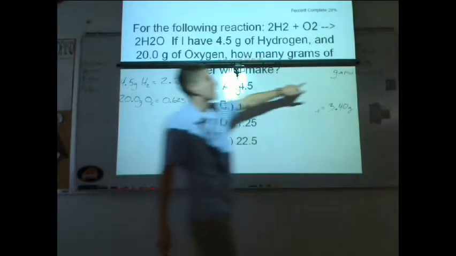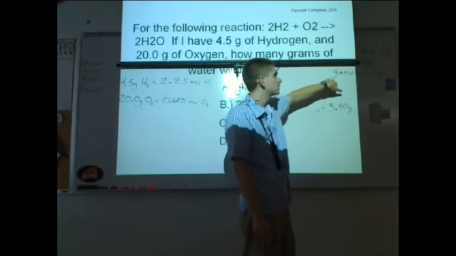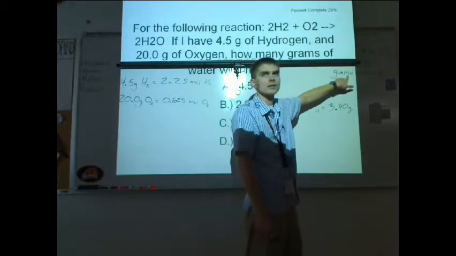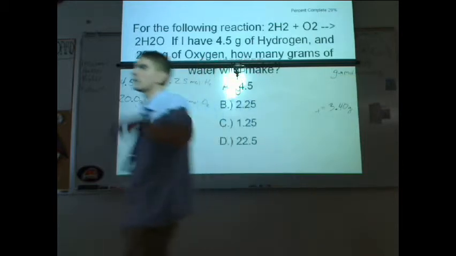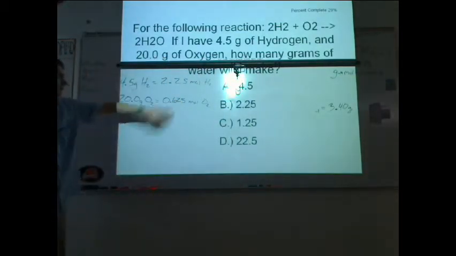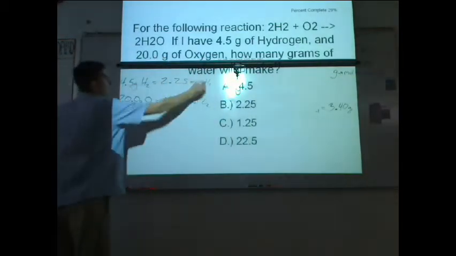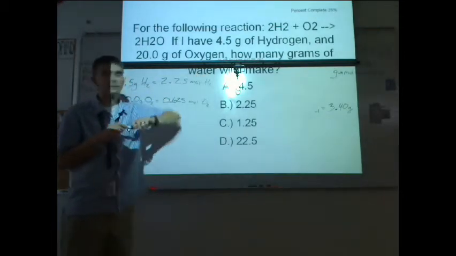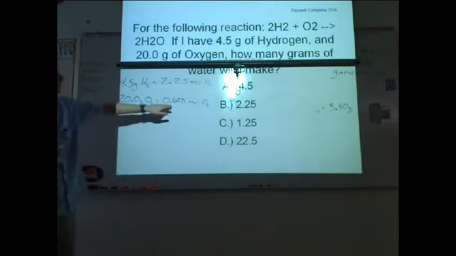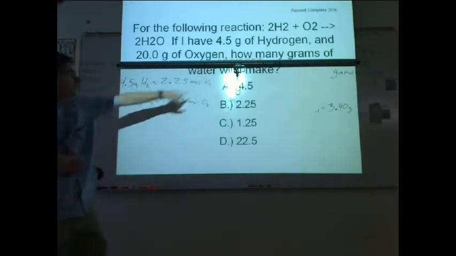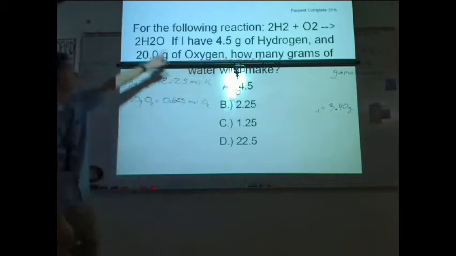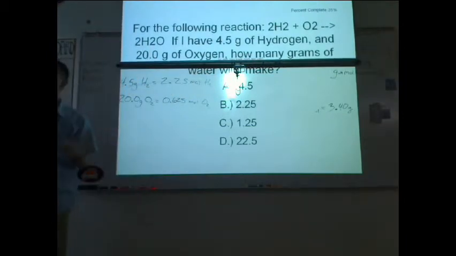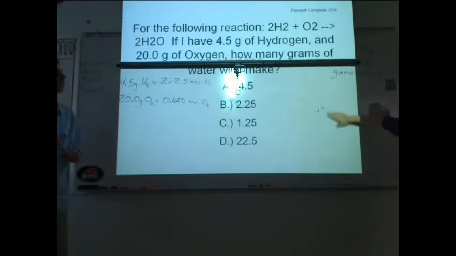So we've gone from grams of our reactant to moles of our reactant. Now we have to go from moles of our limiting reagent, which we've decided is this, so we can forget about this, to moles of, in this case, water. So, how do you go from moles of oxygen to water? Just times 2, right? Because it's a 1 to 2 ratio. Does that make sense?